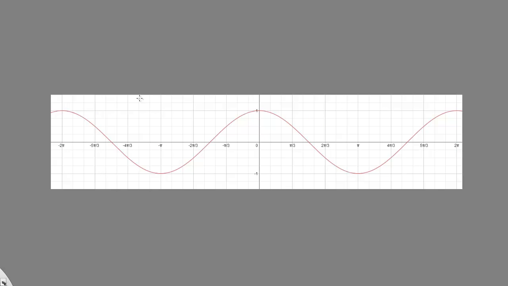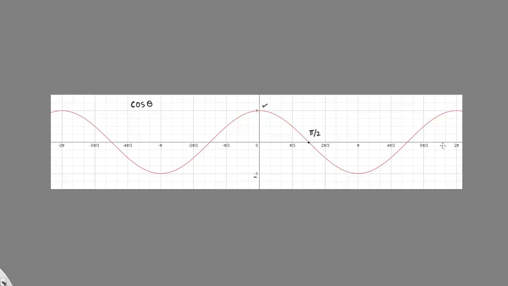So this is the graph of cosine theta. So at 0 it takes value of 1. Again at pi by 2 is right here, it takes value of 0. As you can see right here, at pi it takes value of minus 1.